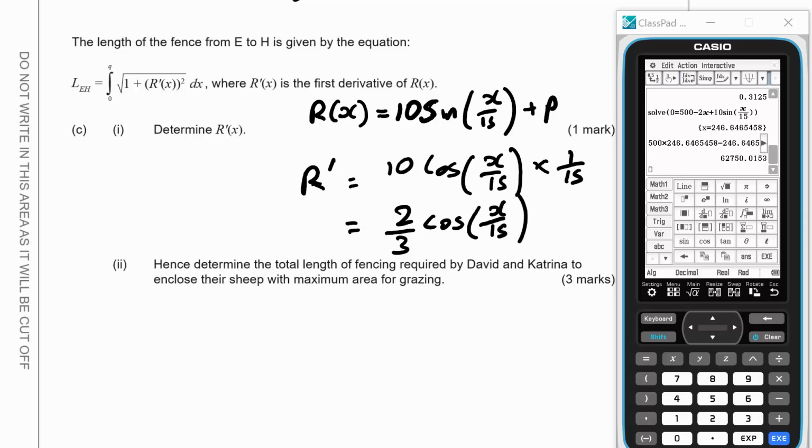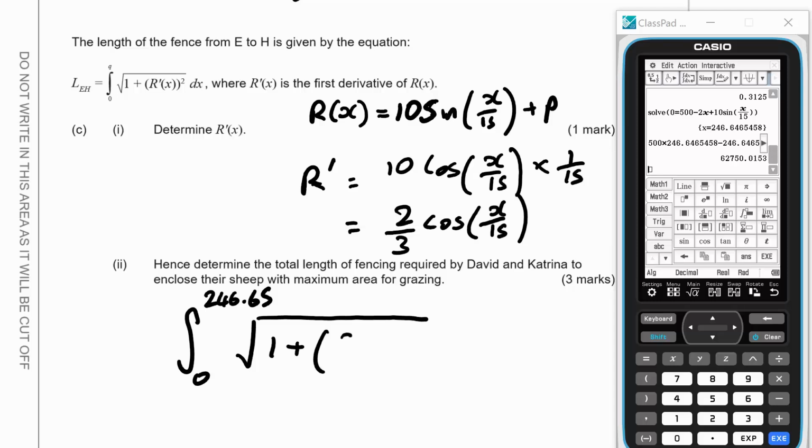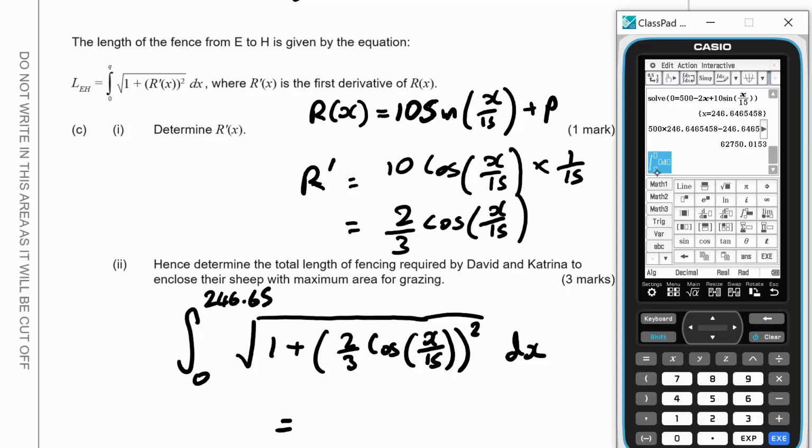Hence determine the total length of the fence required. So that's going to be the integral from 0 to 246.65 of the square root of 1 plus 2/3 cos x over 15 squared dx. So on calculator paper, we are just going to integrate that. So we're going to go from 0 to 246.65.